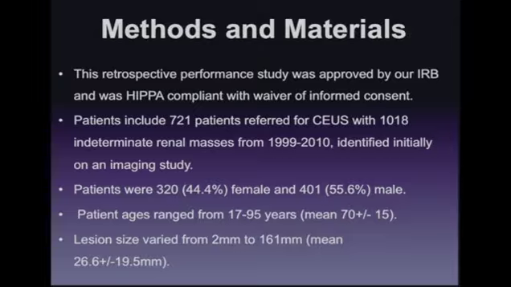These were identified initially on an imaging study, be it a CT, MR, or a non-enhanced ultrasound. The patients were 44% female and 56% male. Their age range was 17 to 95 with a mean of approximately 70 years. Lesion size varied from 2 millimeters to 161 millimeters with a mean of 27 millimeters.